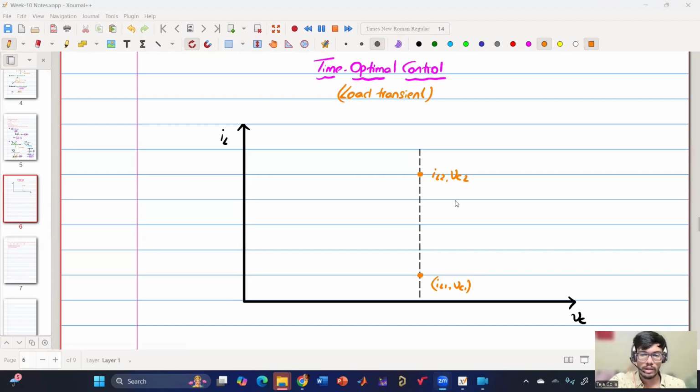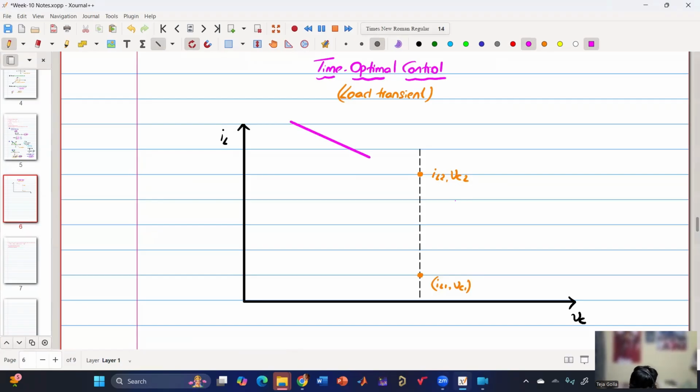Now, with all the knowledge that we have learned, we know that trajectory has on trajectory, off trajectory, and there is a surface signal. What we are doing is we want to hit the surface during on trajectory, and after the off trajectory, we want to reach this new operating point. So let us assume that sigma is somewhere here.